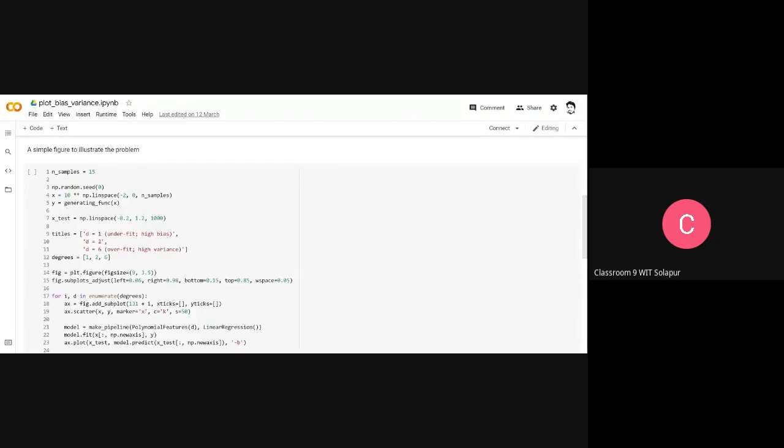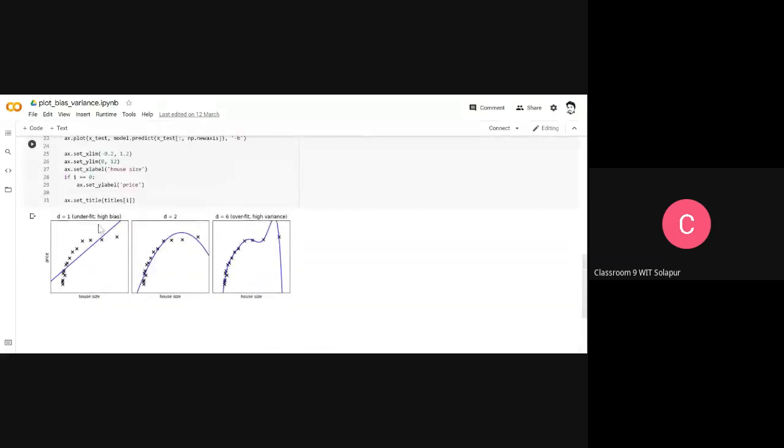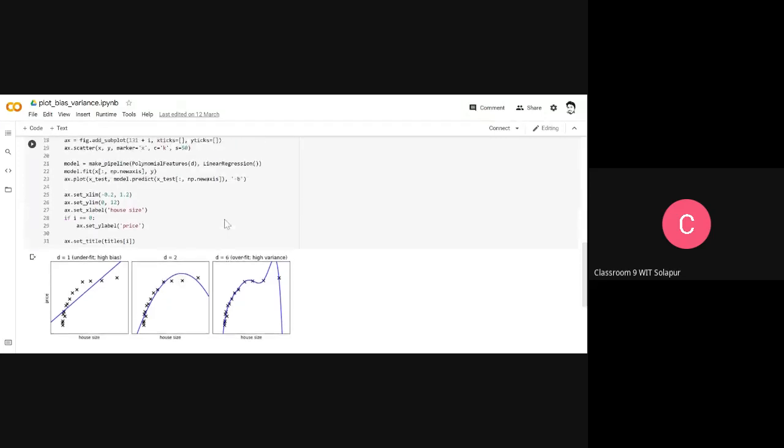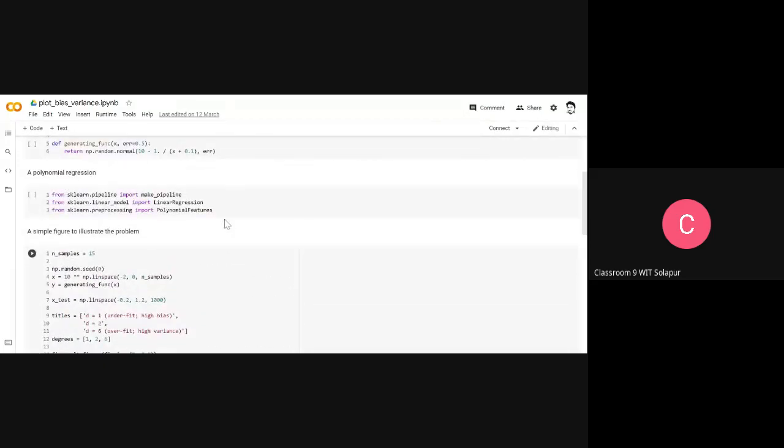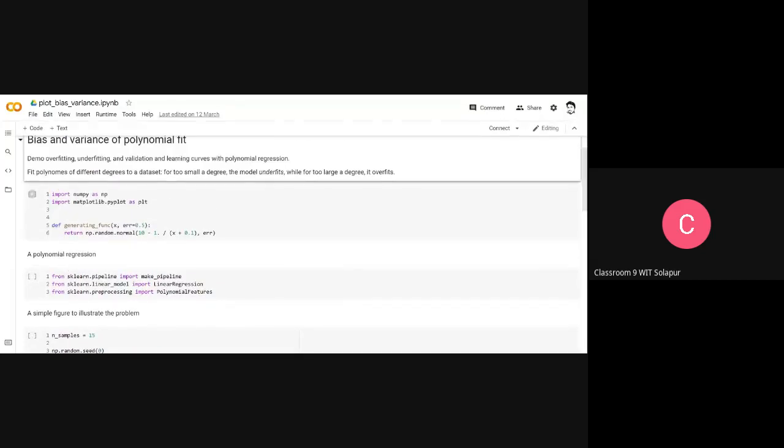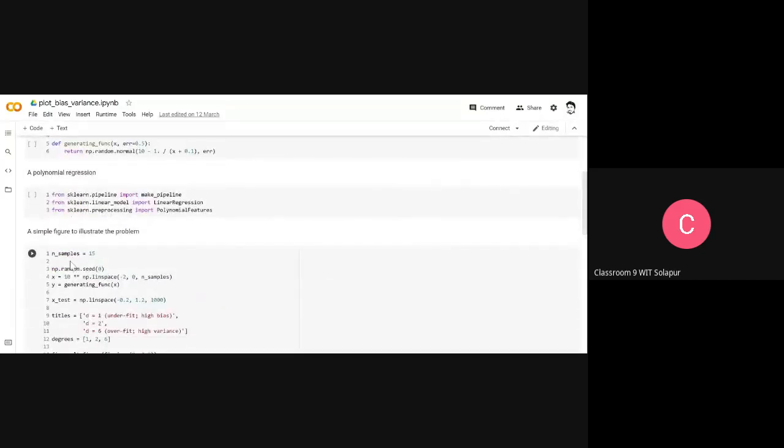True or false? If you look at this plot, it should give you the answer. On that day, we studied what this D is, and how this D affects the model.